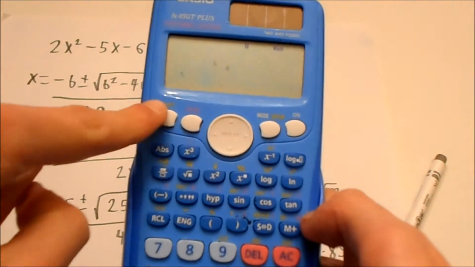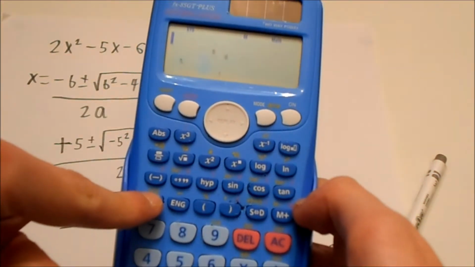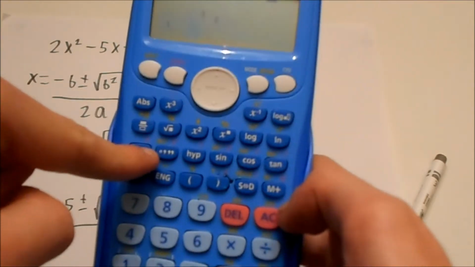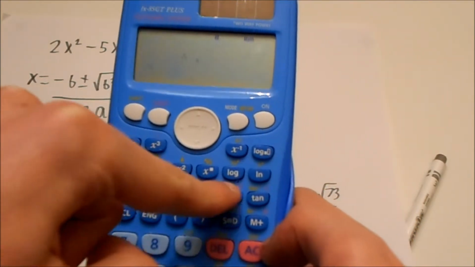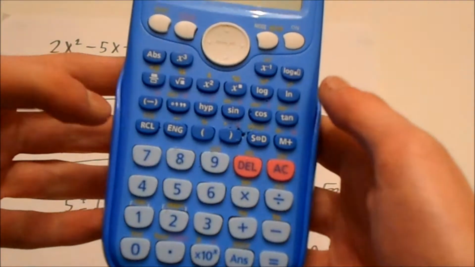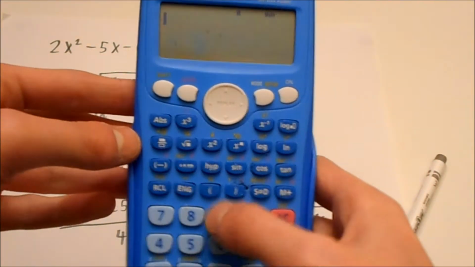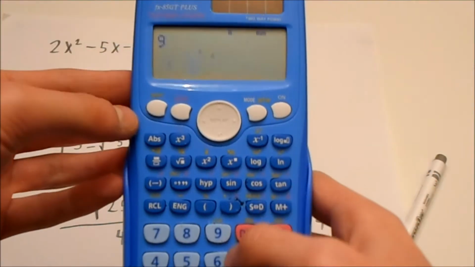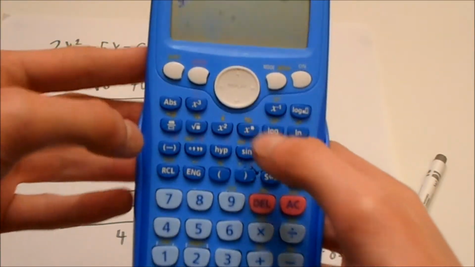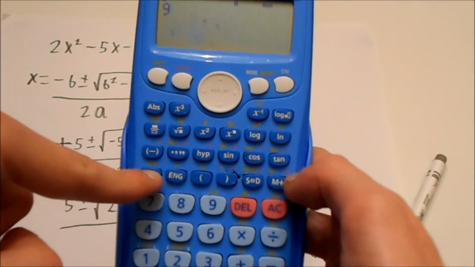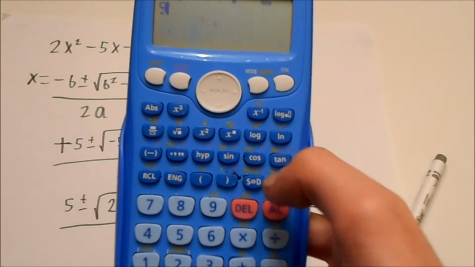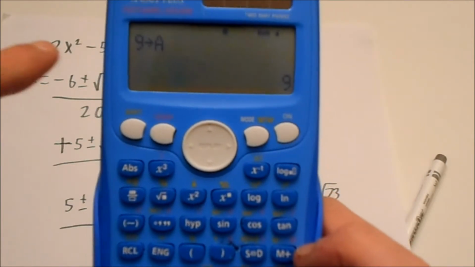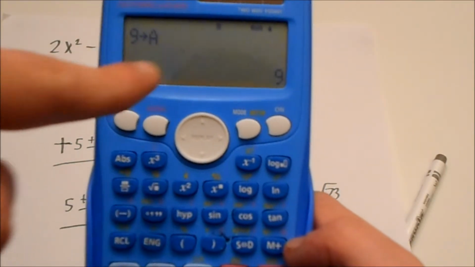So if you were to do shift and that's STO, and then press one of these letters here, so you've got A, B, C, D, E and F. So I'll do an example. If we have 9 and we want to store that as the letter A, for example, we could put in 9, then shift, then this store button, and then press the A button. So here it says you've stored 9 in A.